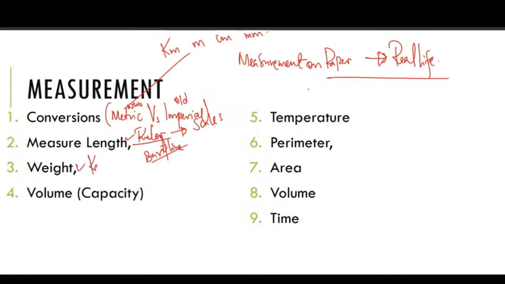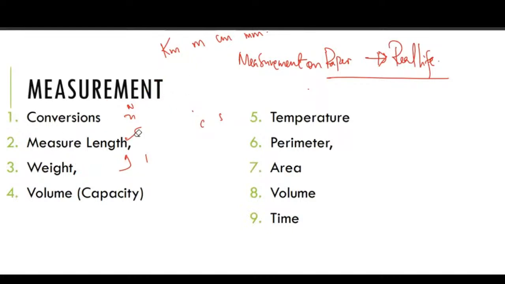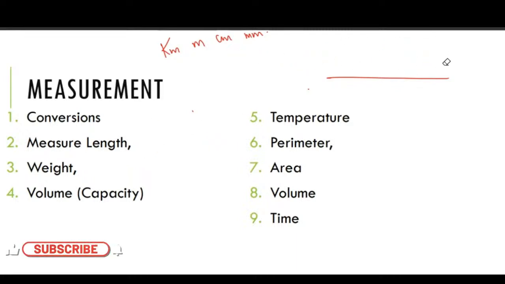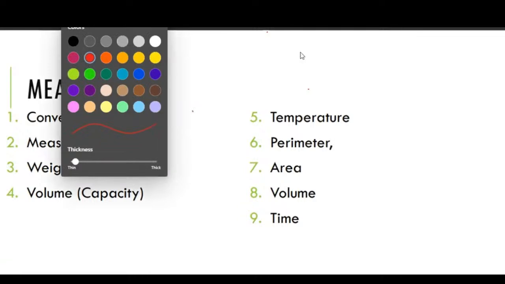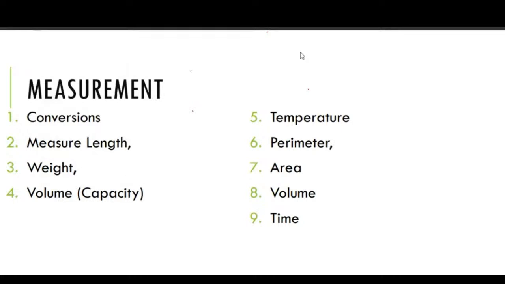Then we shall have weight. Weight, this is when we look at kilograms, grams, and milligrams. What I want you to remember is that when it comes to measurements, especially the metric, we shall have to remember the metric method.